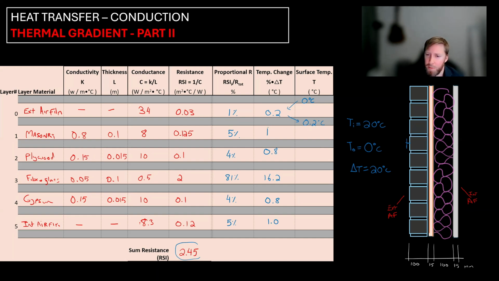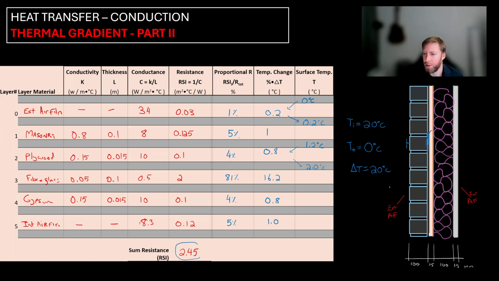Okay, so it's a very small amount on the exterior, but we will include it, and we'll go on to the next one. So masonry. As we go through the masonry, there's going to be a 1 degree temperature change. That means at the start of the masonry, we start at 0.2 degrees Celsius, but by the time you get to the back of the masonry, we're going to have a temperature of 1.2 degrees Celsius. The plywood provides a temperature change of 0.8. So this brings 1.2 up, and when we add that in, it becomes 2.0 degrees Celsius.